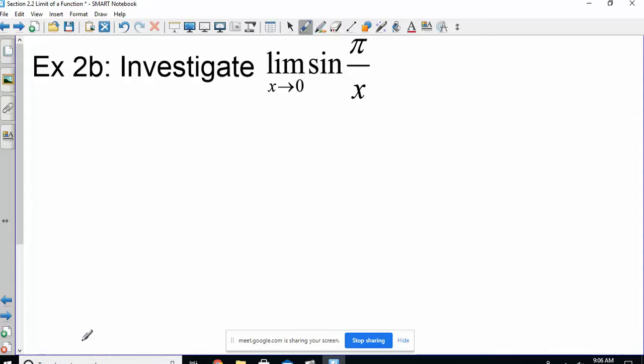All right, limit as x approaches 0 of sine pi over x. So we are approaching 0, so my table looks the same for my x's. I want you to do the same one you did last time.